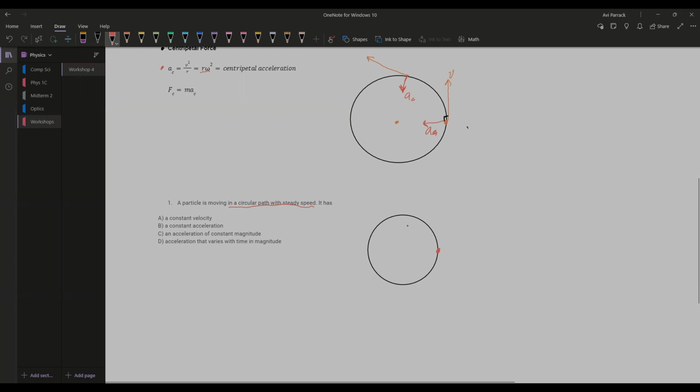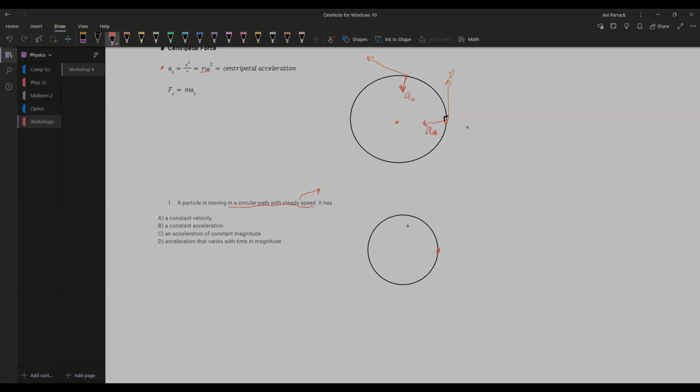A steady speed. So what does that mean? It's not saying that it has a constant velocity. It's saying something kind of similar, a steady speed. What does this mean in particular, a speed? So speed, as you guys remember, is a scalar quantity, which means it doesn't specify a direction.